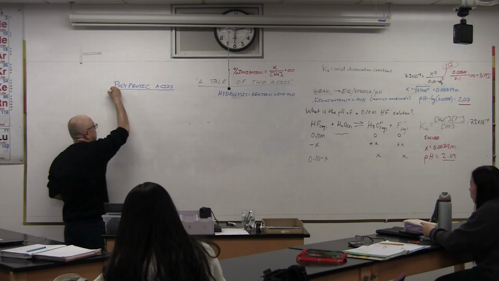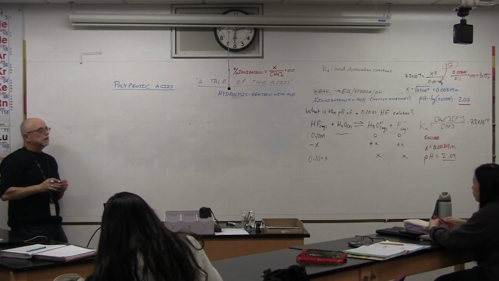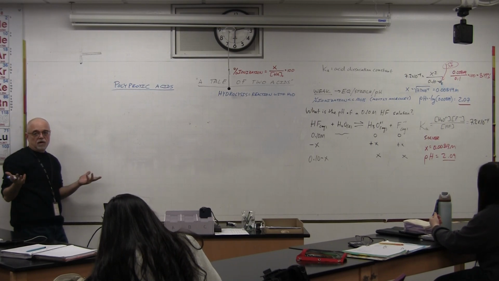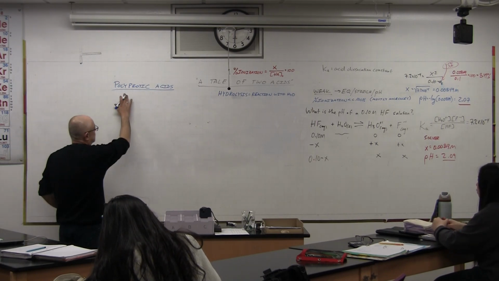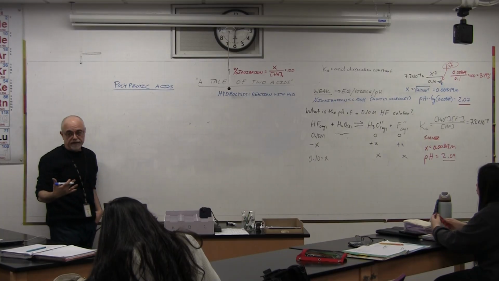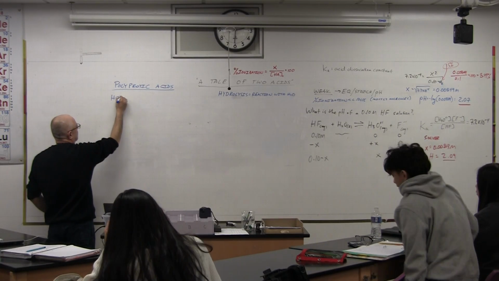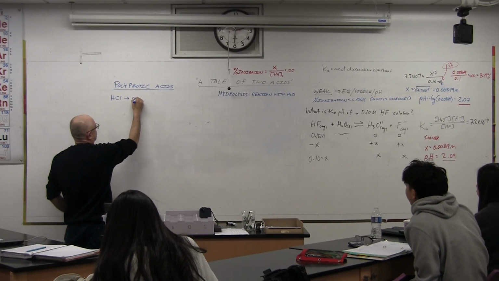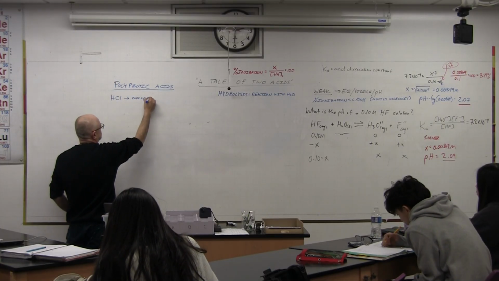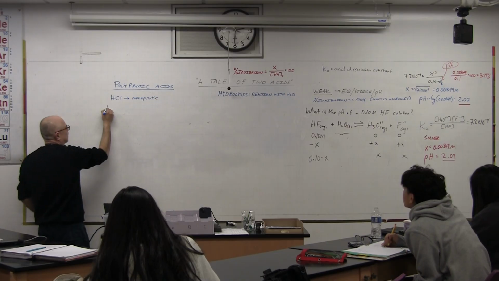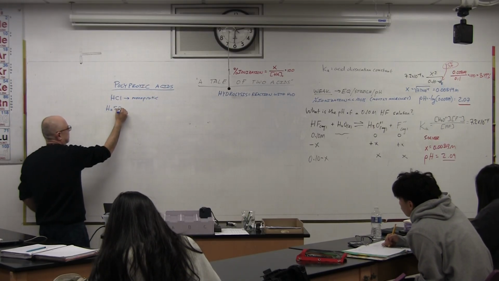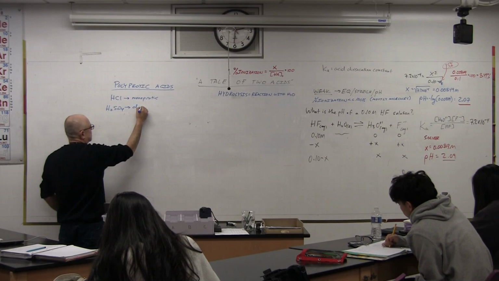Poly comes from the word in Greek for many. Protic for proton or hydrogen ion. So this is just referring to acids that have more than one hydrogen to give up. So for example, if I give you HCl, that's monoprotic because it only has one hydrogen. If I give you, for example, sulfuric acid, that one is diprotic because it has two hydrogens.